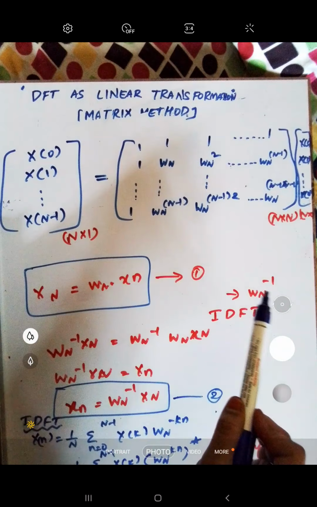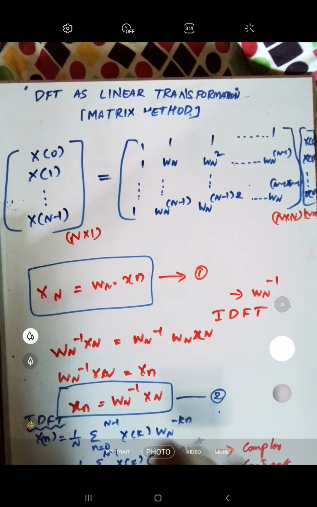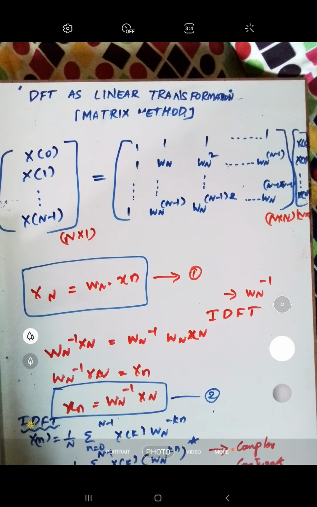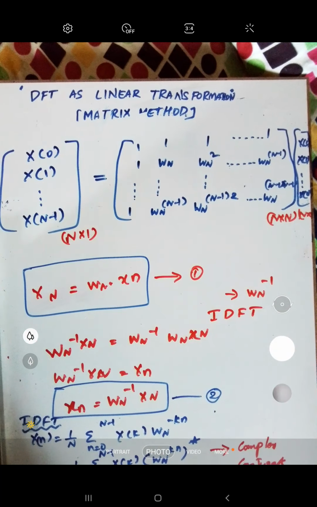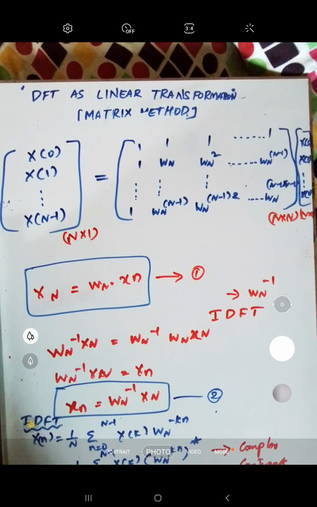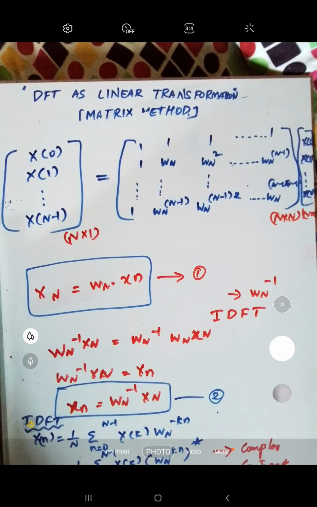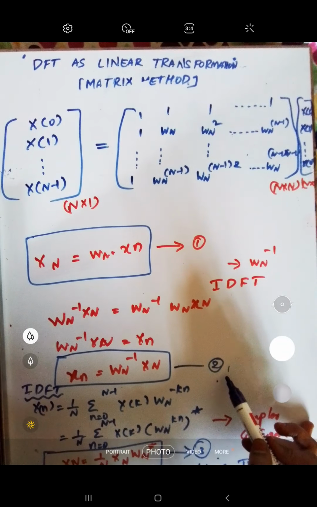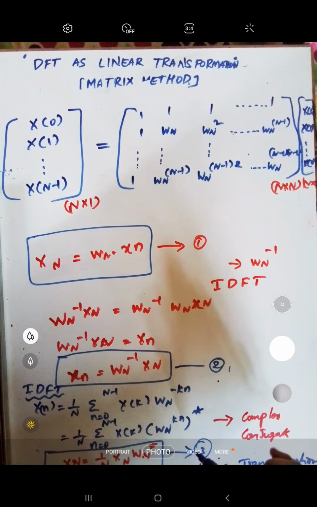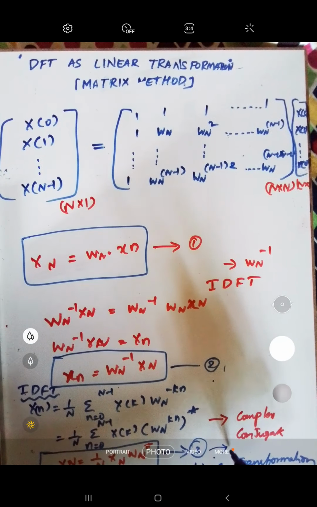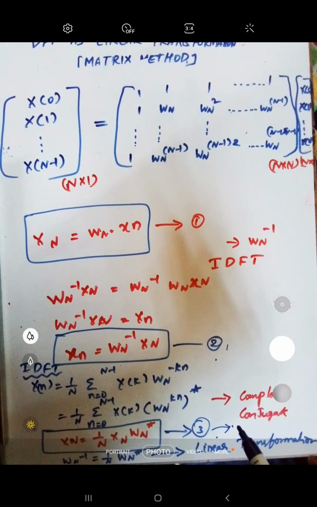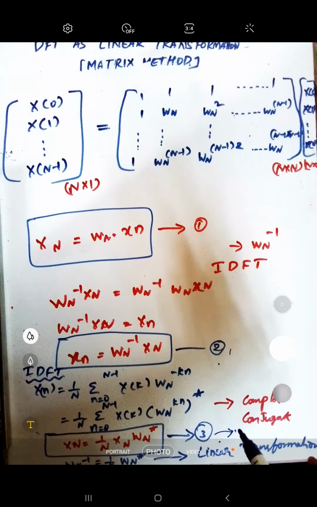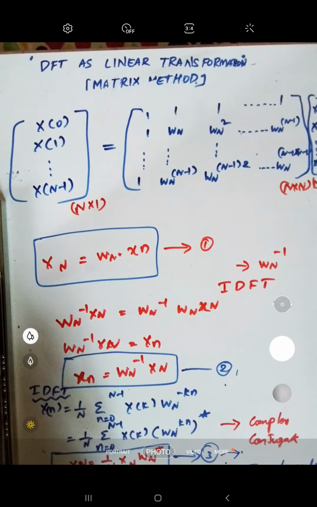We have to identify them from all the equations by substituting all the values 0, 1 up to N minus 1 in the discrete Fourier transform equation. So it can be the IDFT sequence, with the complex conjugate. This one is the inverse discrete Fourier transform for the given sequence. This is a linear transform of the given sequence.